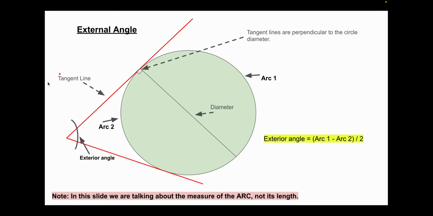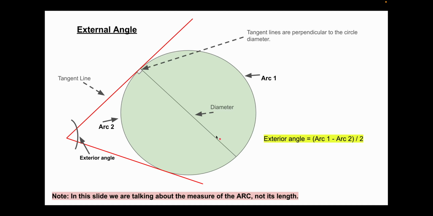The angle is outside the circle. It creates two arcs, a large arc and a small arc, and the formula: the angle is equal to the large arc minus the small arc divided by 2.